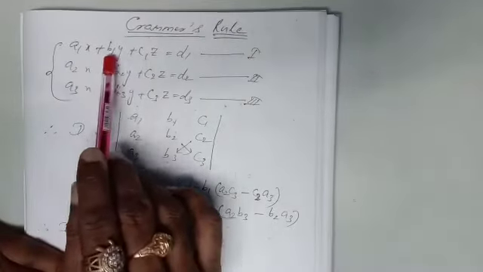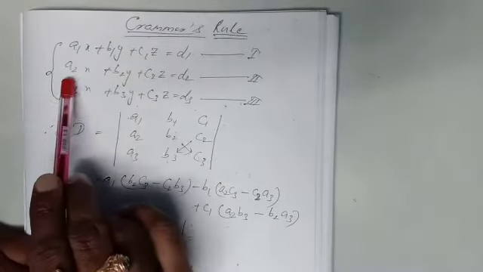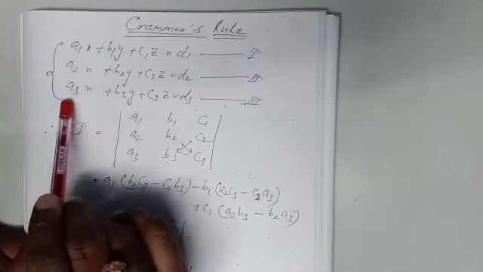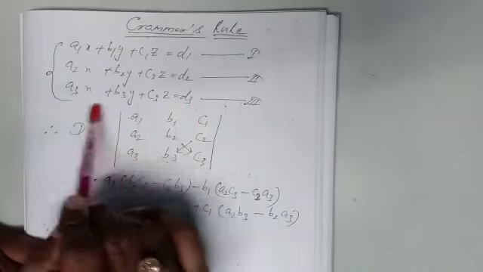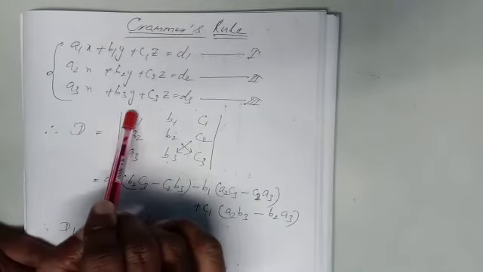First equation, a1x plus b1y plus c1z equal to d1. Second equation, a2x plus b2y plus c2z equal to d2. Third equation, a3x plus b3y plus c3z equal to d3. Three equations, three variables, x, y, z. You have to find x, y, z.